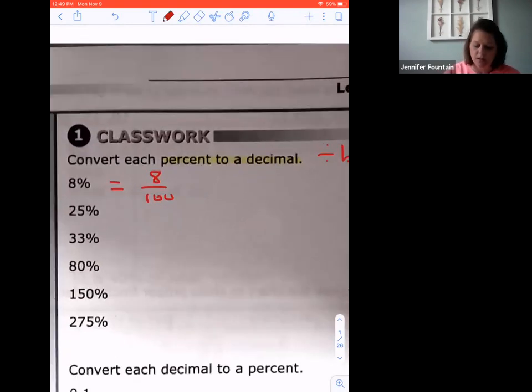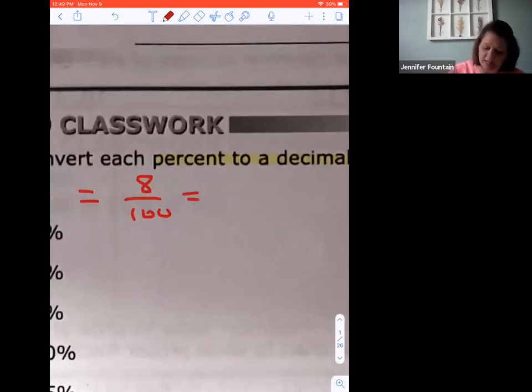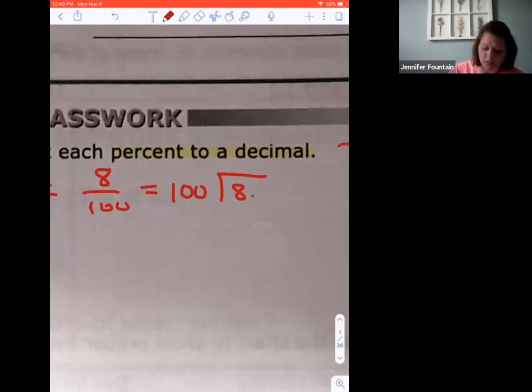And so that means I'm putting 100 into 8. Well, obviously that doesn't work. So when I divide a number by a number that is larger than it, I put my decimal and I add a 0. Well, even adding 1 zero isn't going to get me there, but adding 2 zeros.